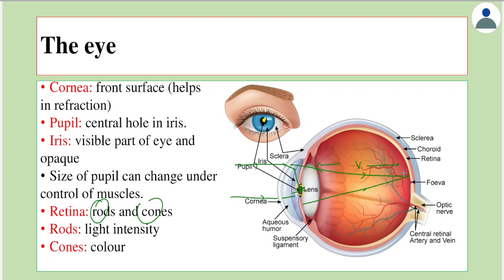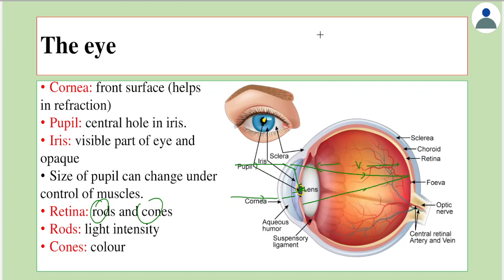These cells would convert the light into signals, and these signals are carried by the optic nerves. From here the information goes to the brain, and the brain decodes the information and sends it back to the optic nerves, and finally what we get is an image on the retina.